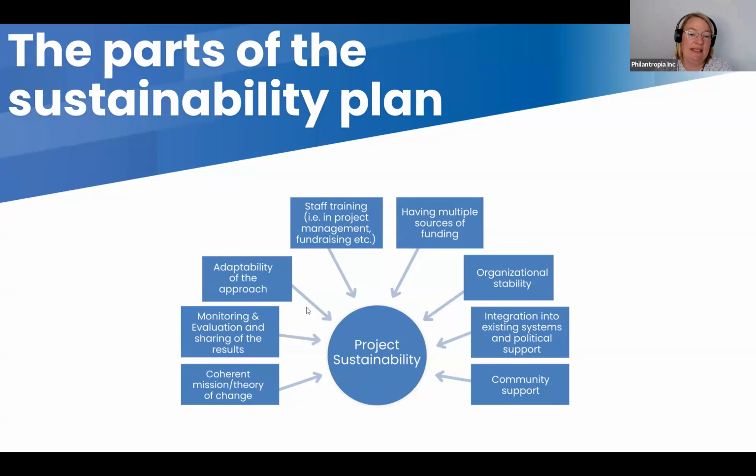Then the next important factor is the adaptability of the approach. That means how well and how quickly can you change your approach within your project to changing circumstances. I think the best example was the COVID crisis, because so many things on a large scale that nobody could imagine before changed within a very, very short time frame.